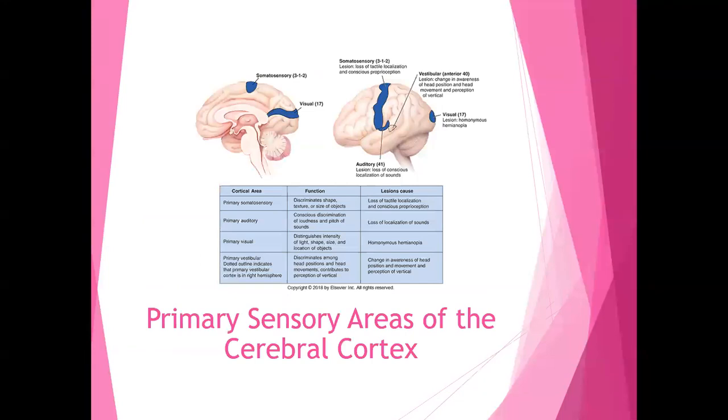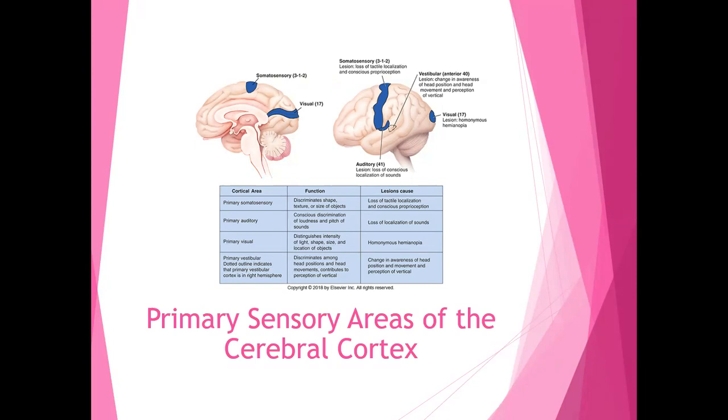Kind of neat. So this is the chart that I was talking about that shows the somatosensory and the visual and the vestibular cortices and where they're located close to important structures in the brain. This is a great chart as well. And in the 6th edition, it's on page 483.